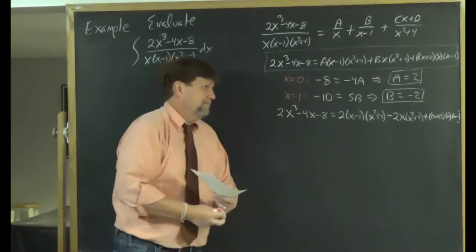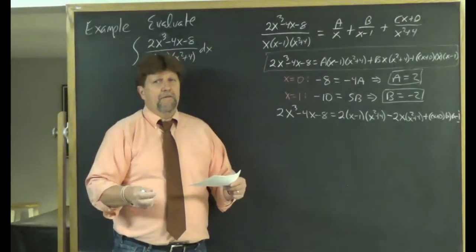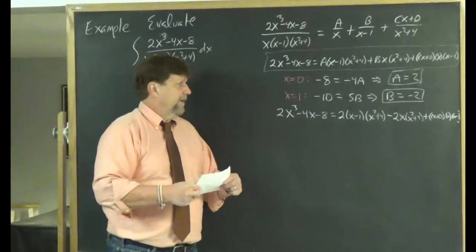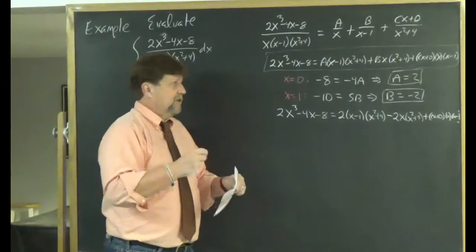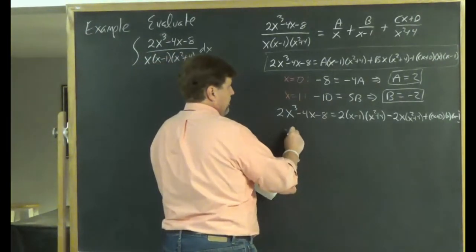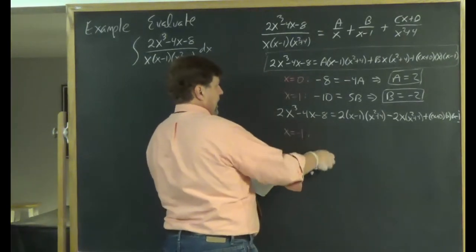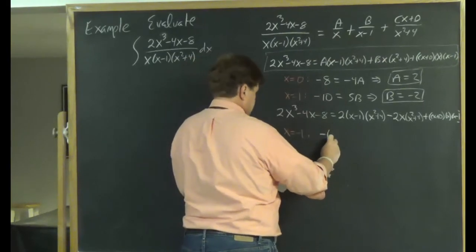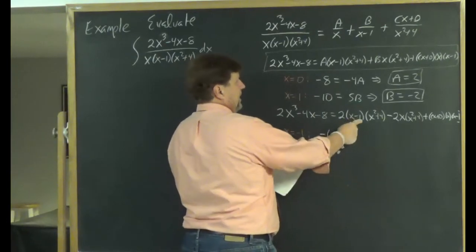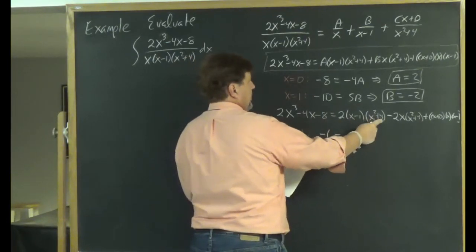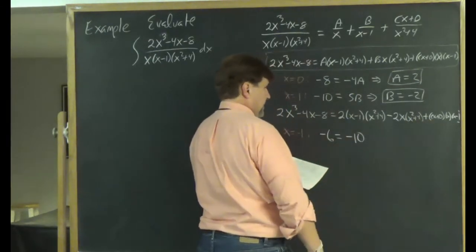I have to pick a value for x. I can pick anything I want for x and substitute it in. I want to pick small numbers, so I'm going to pick x equals negative 1. When I put negative 1 in for x, this will be a negative 6. Over here, that's a negative 2, 5, that gives me a negative 10, and negative 1 comes in for all those x's.